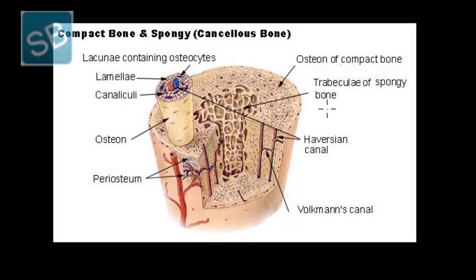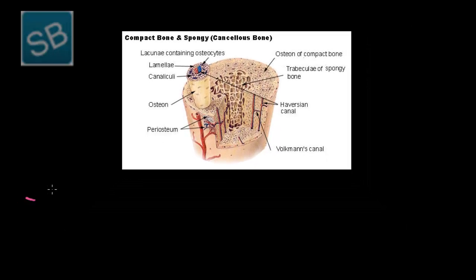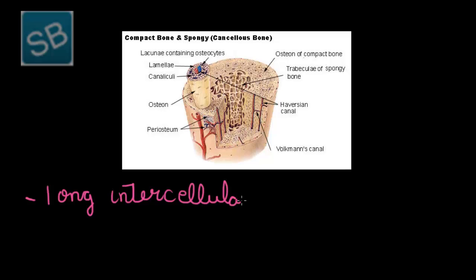This figure shows the transverse section of a bone along with all the labeled parts. As studied, in an adult bone, flat irregular spaces occur which are known as lacunae. Each lacuna consists of a flat bone cell which is known as an osteocyte. Thus, an adult bone contains intercellular spaces filled within solid matrix known as lacunae.